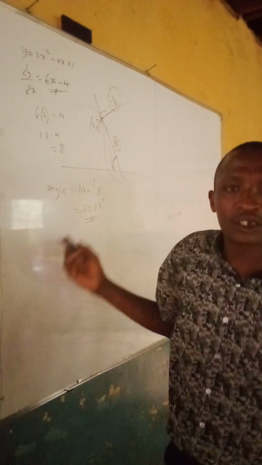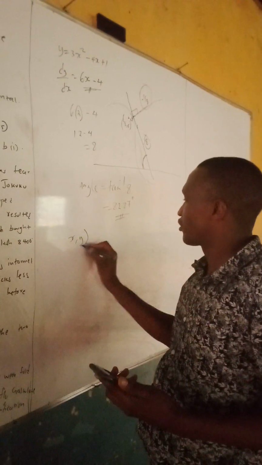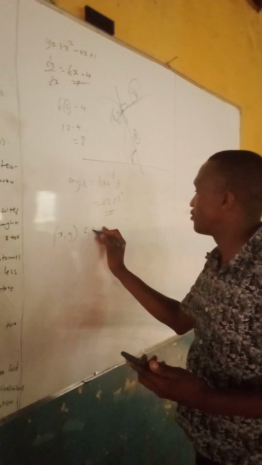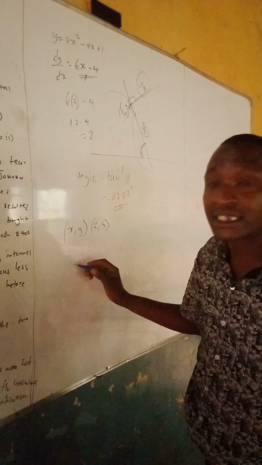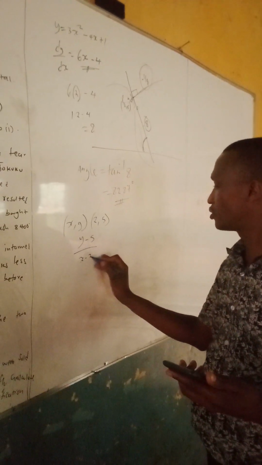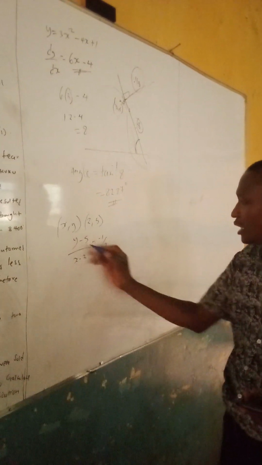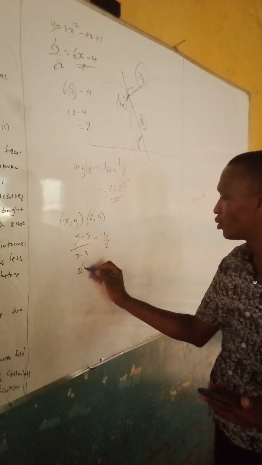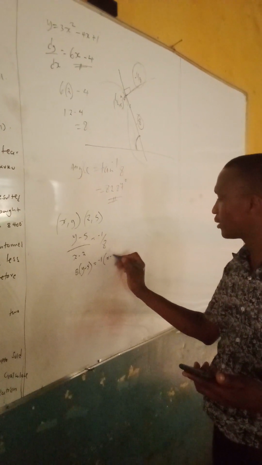So if we have to come up with this equation, can we come up with a general point, that is (x, y), and it is passing through (2, 5). Change in y over change in x will give us its gradient. That is y minus 5 over x minus 2 equals negative 1 over 8. When you cross multiply, it will be 8 into y minus 5 equals negative 1 into x minus 2.